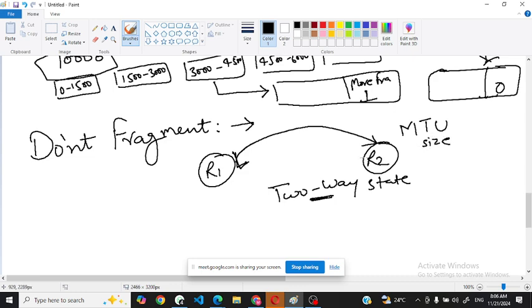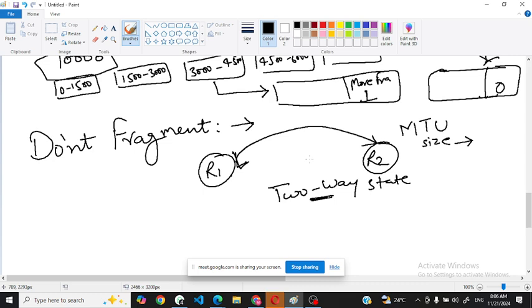And if the MTU size is the same for both routers, only then will they become neighbors. Otherwise, they will not become neighbors. There is no negotiation.